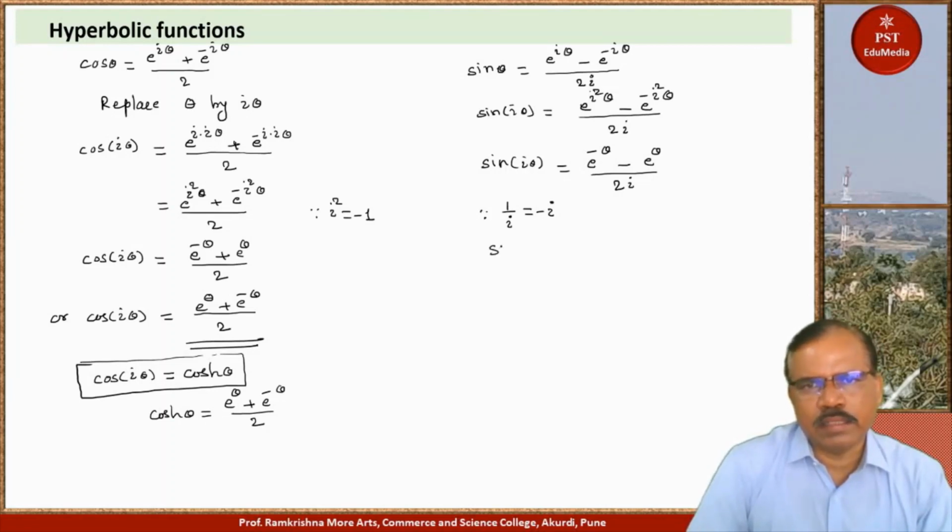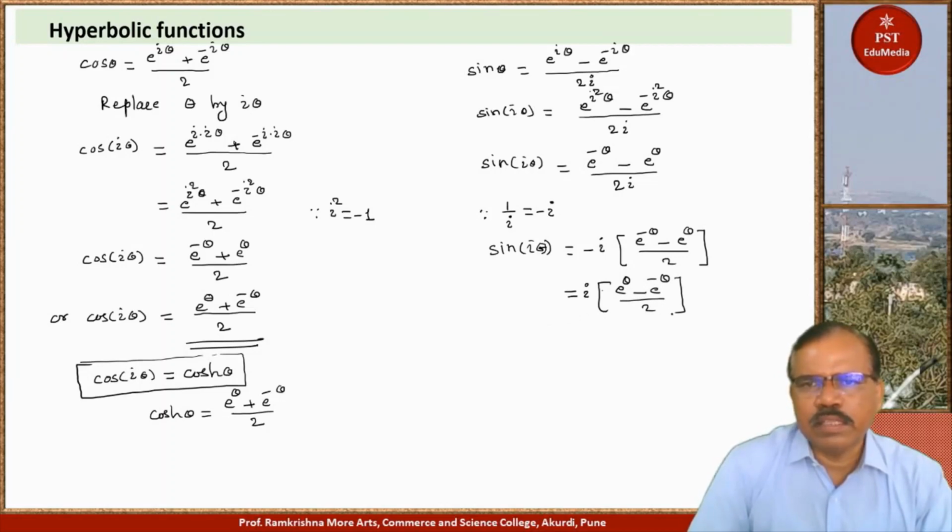So I can write sin i theta is equal to minus i e raised to minus theta minus e raised to theta upon 2. So we can write this as i times e raised to theta minus e raised to minus theta upon 2. Now this quantity in the bracket is called sin hyperbolic theta.